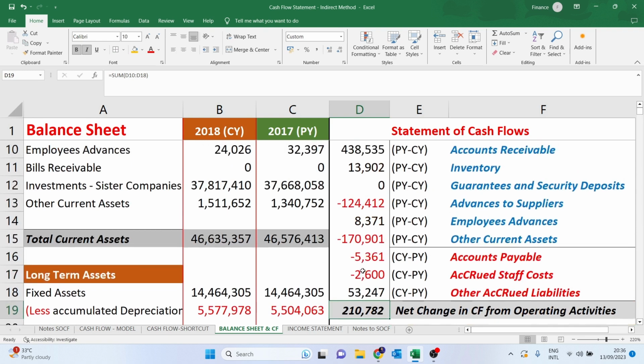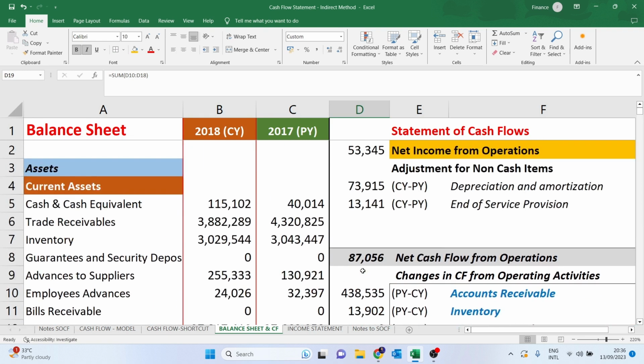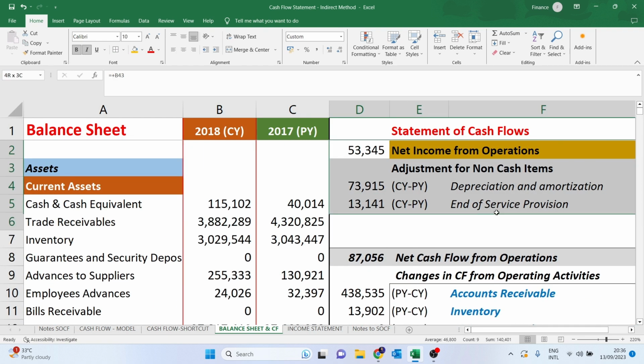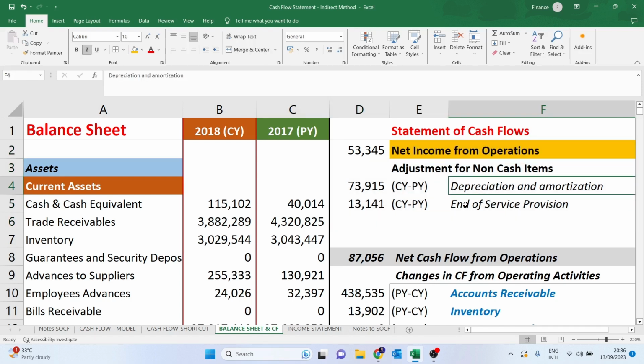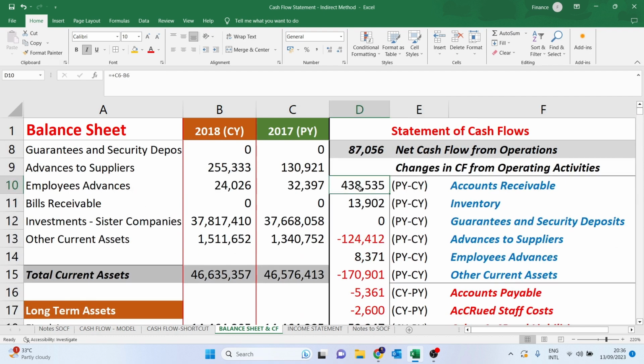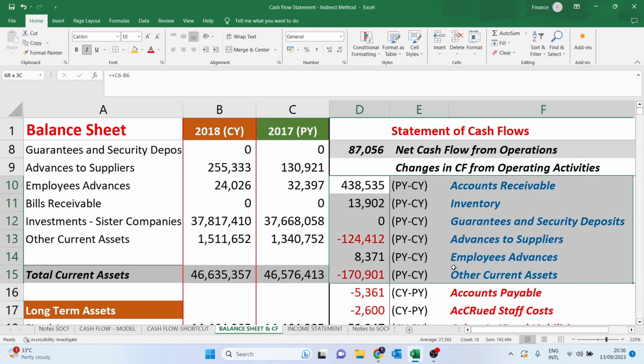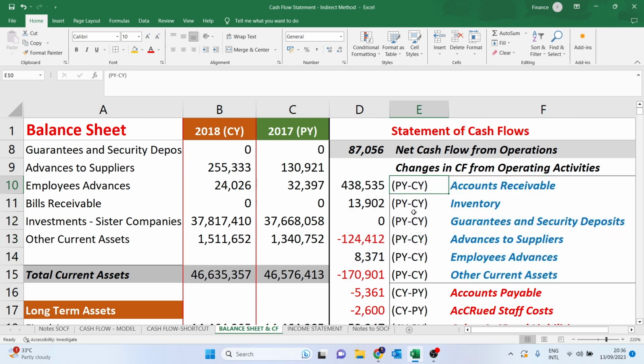Okay, now we have completed the second part. The first part is non-cash items, which we have under depreciation and end of service gratuity provision. Yeah, amortization of depreciation and the provision for end of service. In the second part, we have calculated the movement in current assets, where we have applied previous year minus current year.